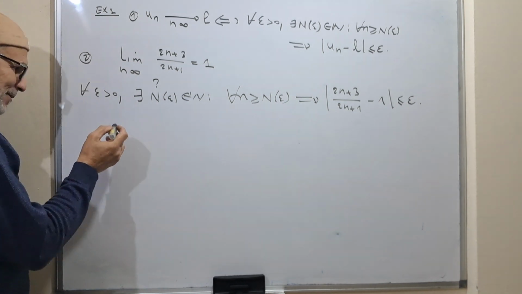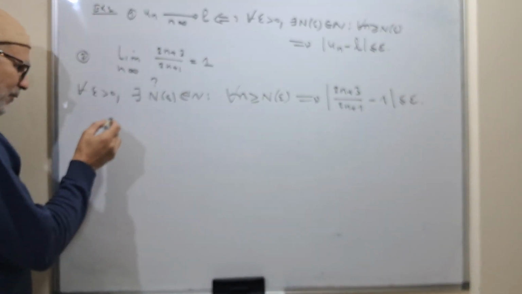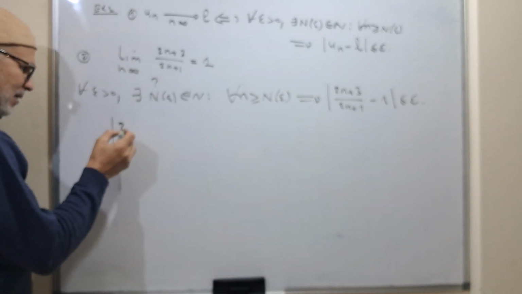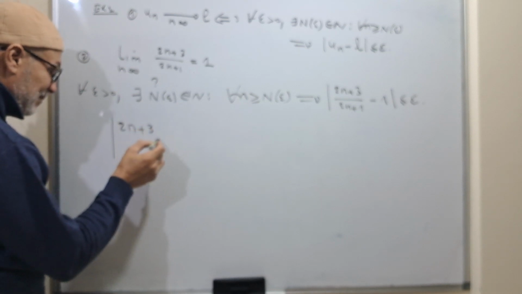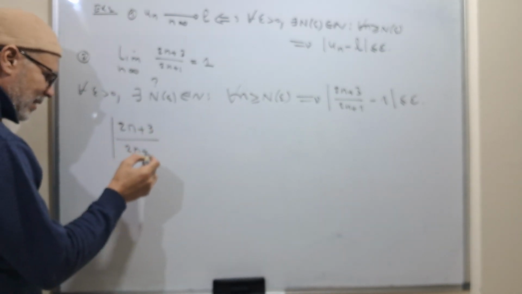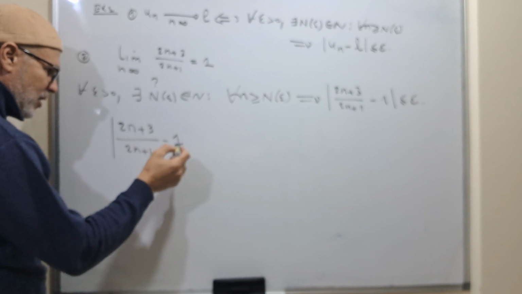We start from this absolute value, the difference between the limit and the general term.